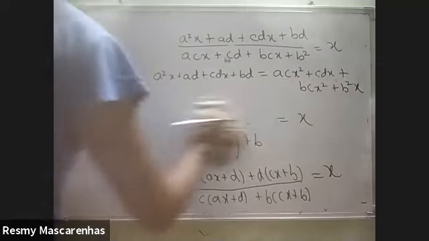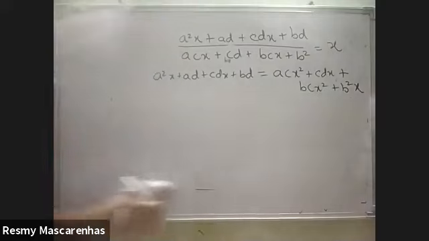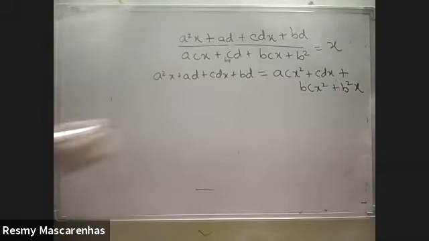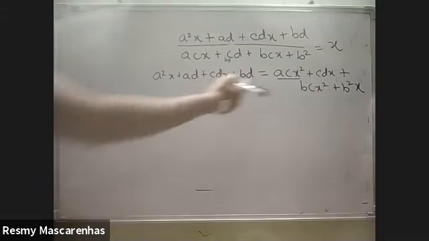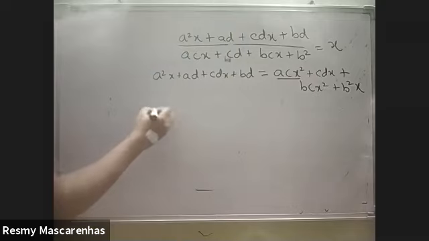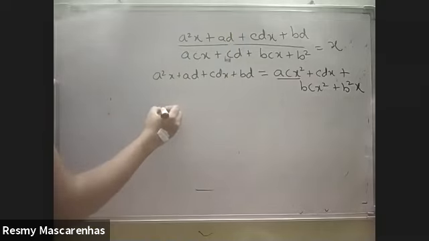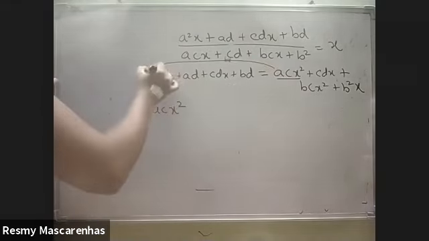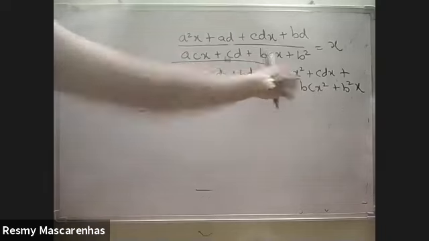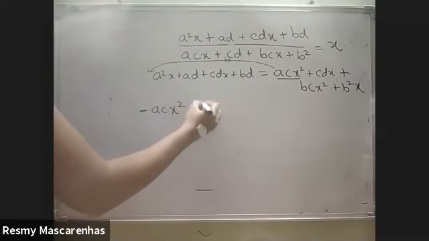Okay, so this was the second last step. What you do is just bring this term on this side, the x square term on this side. So it will become minus acx square. This term I'm bringing this side, only that x square term, the rest all right as it is.